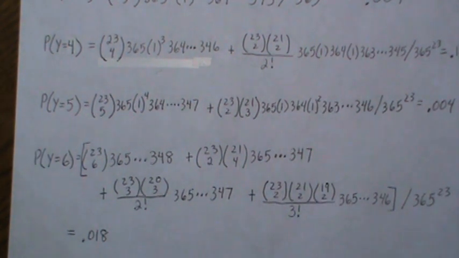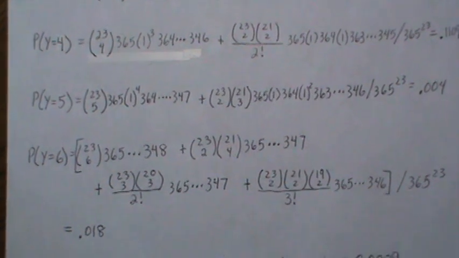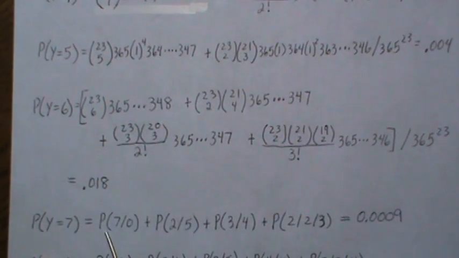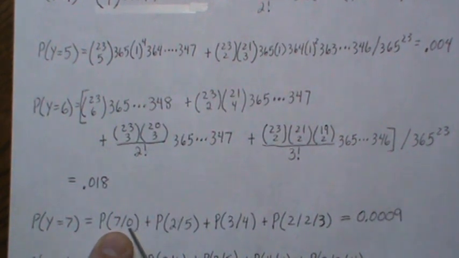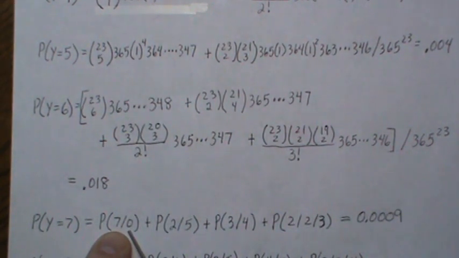Y equals 7, Y equals 8. And I'm going to do shorthand just to help illustrate. This is abusive notation, but I hope it makes the point of how to calculate it. So for Y equals 7, we could have 7 matches. So 7 and 0. I mean, everyone else doesn't match.